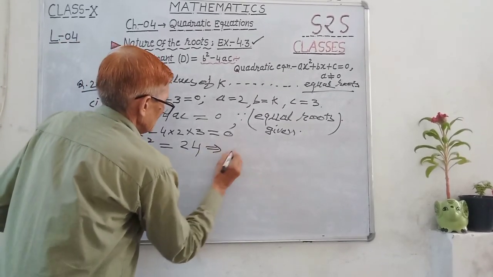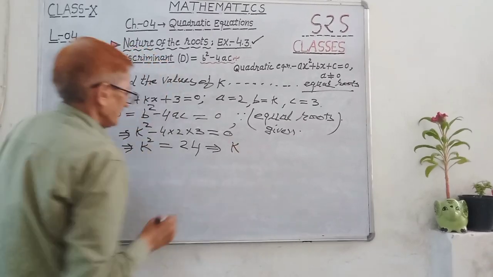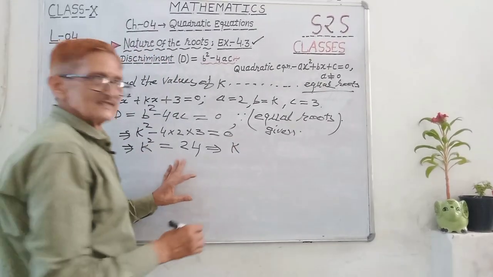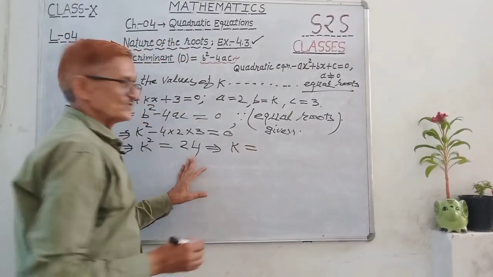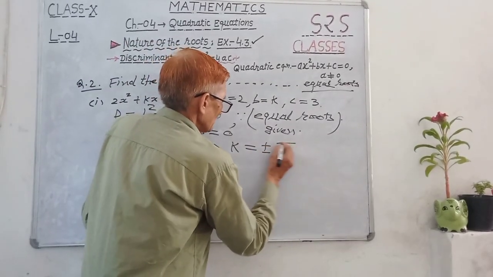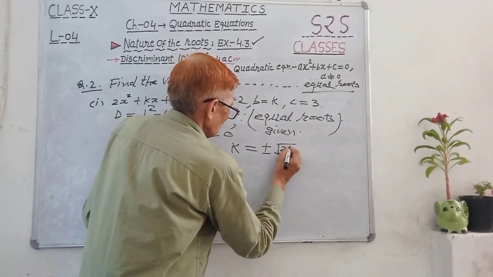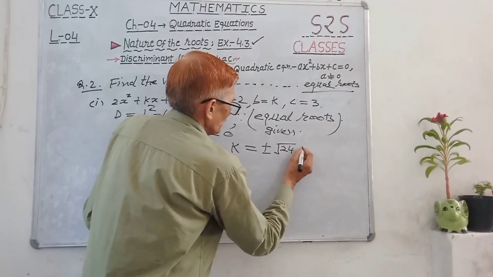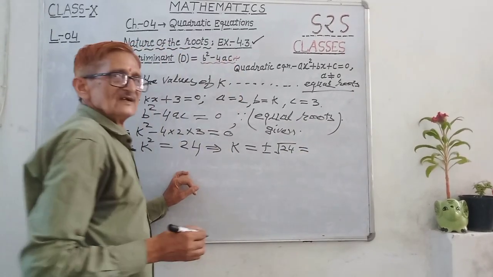Taking square root on both sides, k is equal to square root of 24. Square root means plus minus root 24. Always put plus minus, and then take factors.